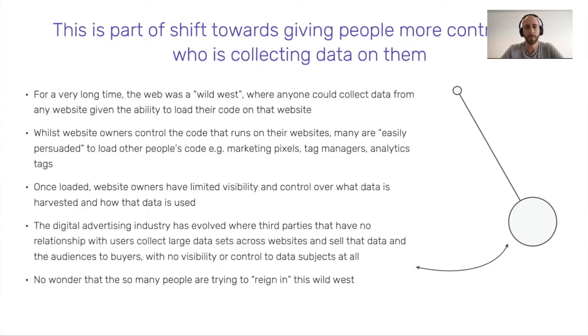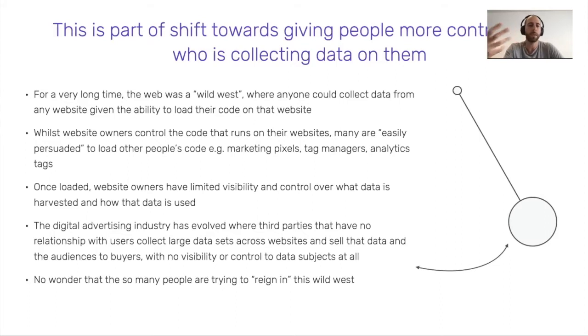What happened was that website owners as a group were pretty easily persuaded to load other people's code. You want to work with a particular marketing supplier, they provide a tracking pixel, you have to load that. So website owners were very strongly encouraged to load marketing pixels, analytics tags, tag managers.